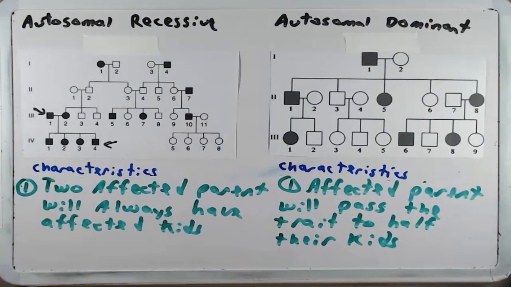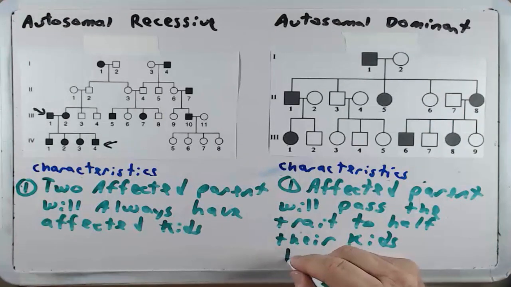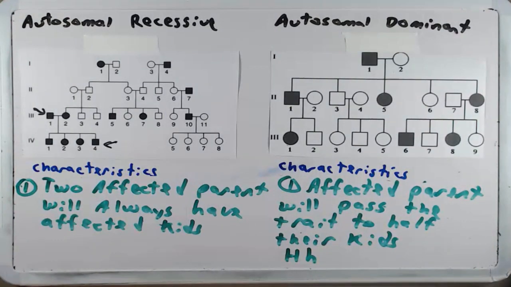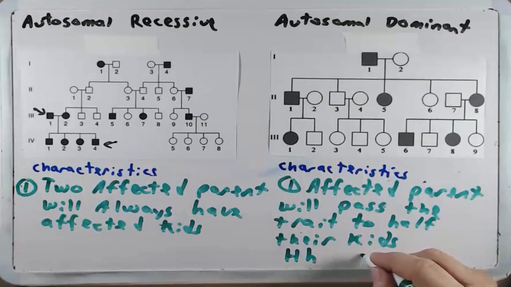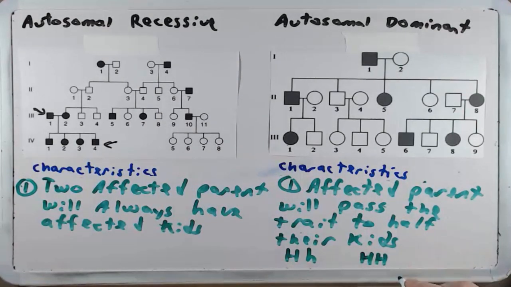Similarly, as we showed before I erased it, the Huntington's disease example. And now this is only true if the affected parent is a heterozygote, like that. If they are homozygous dominant, then all of their kids would have that trait.